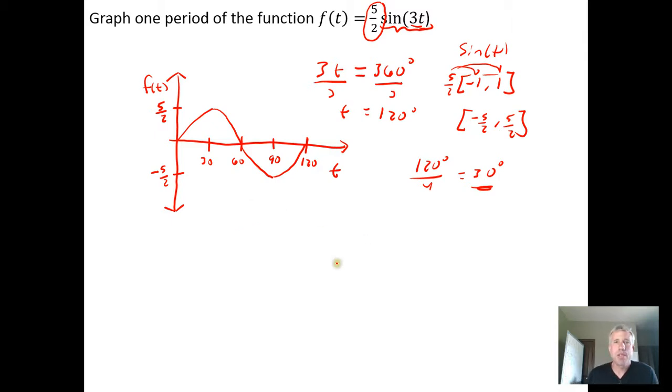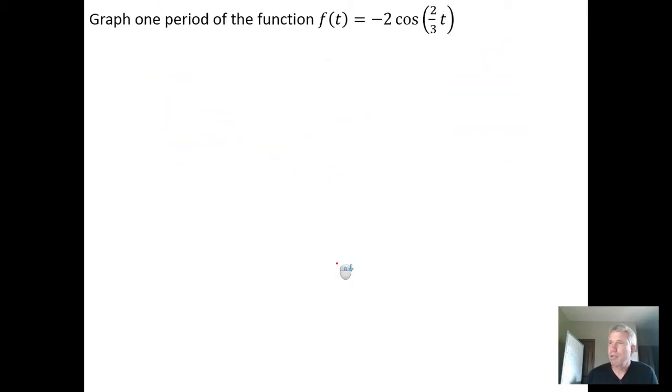So we'll do one more example where we put things together. Here I have a cosine function with a multiplier on both the outside and the inside. And what I want to recognize is that there's a negative sign on this scalar, which is going to cause a reflection in the input axis.